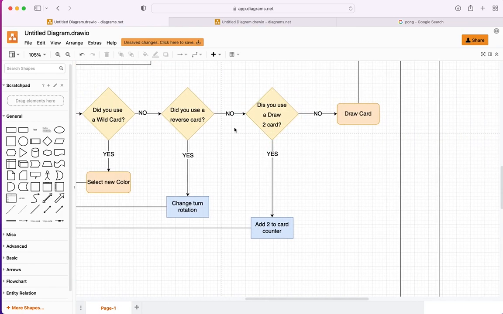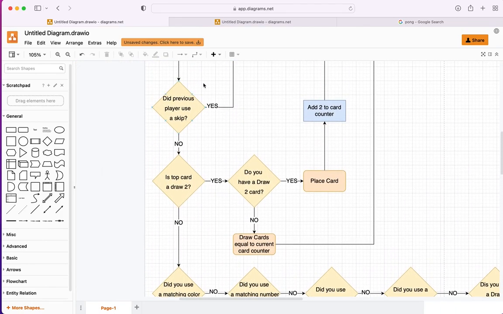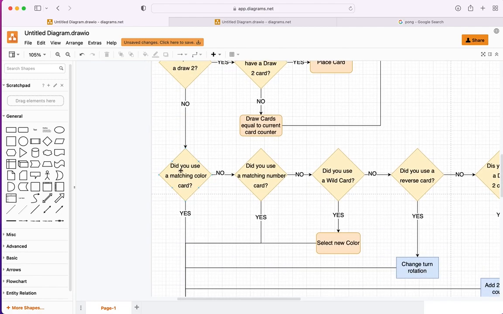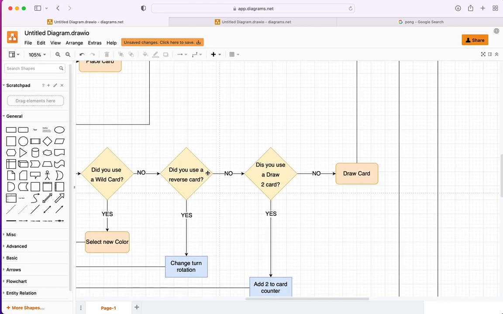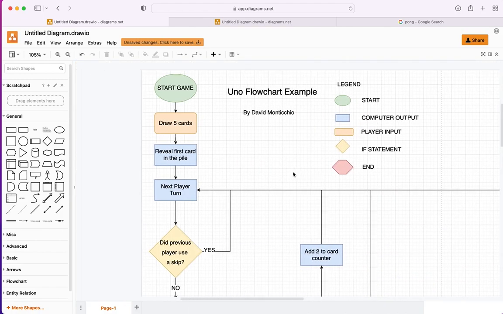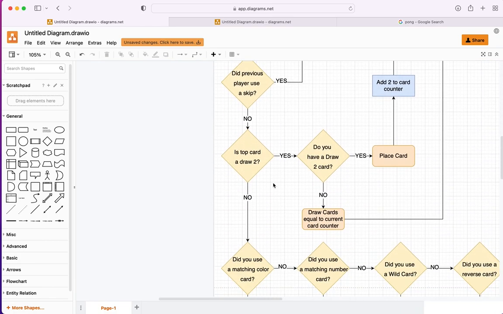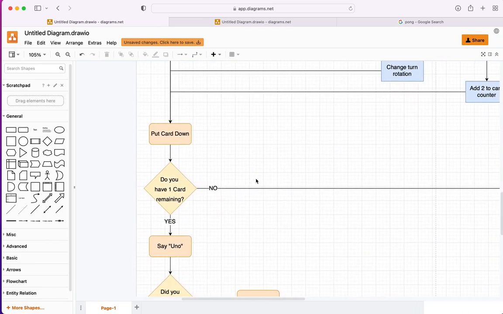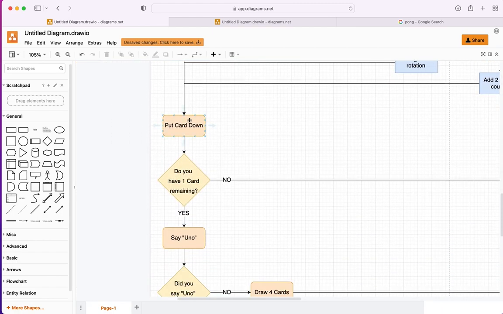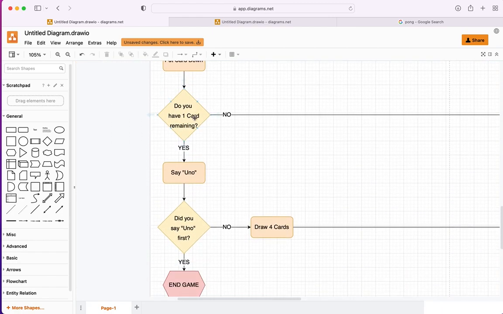If no, so you did not get skipped. You did not have any cards you had to draw from a draw 2. And you did not have any possible matching card to use, draw a card, go back up to next player. But if after all of this, you were able to put a card down, do you have 1 card remaining?